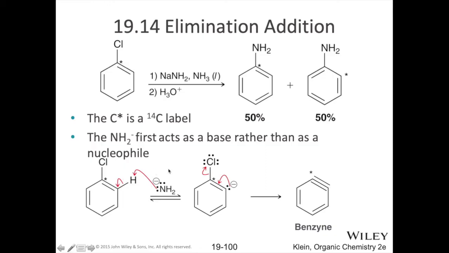Our nucleophile is acting as a base here. It deprotonates the position next to where our leaving group is, and winds up eliminating the hydrohalogen there. So we have our leaving group leave, we have hydrogen leave, and we form another pi bond here.